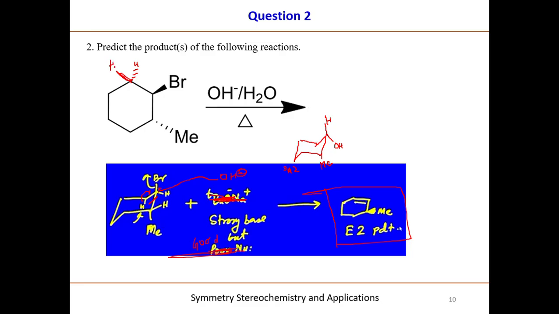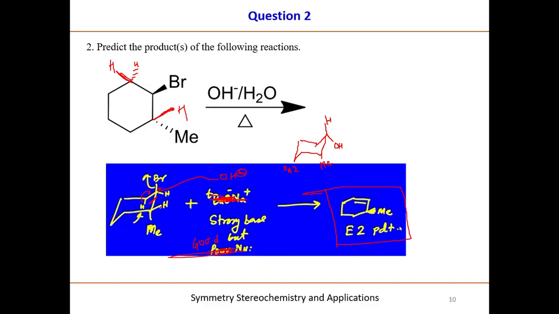But in the other way, the proton is present on the front side of the molecule.